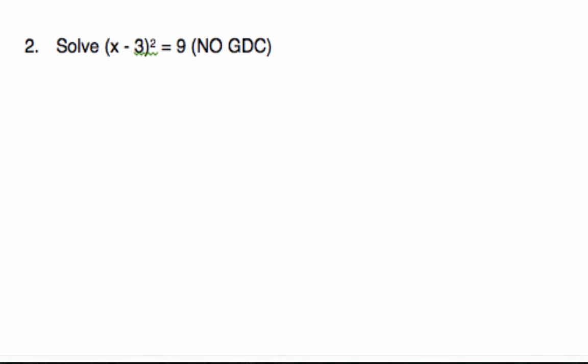Okay, so the next problem, number 2, I have to solve this with no GDC. If I think about my options, I could factor, I could use the quadratic formula, but this is written in vertex form. So I'm going to PEMDAS backwards this. In order to do it, I'm going to square root both sides. X minus 3 is equal to plus or minus the square root of 9. I do this and I get 3.